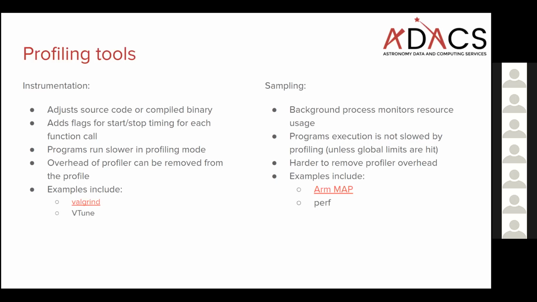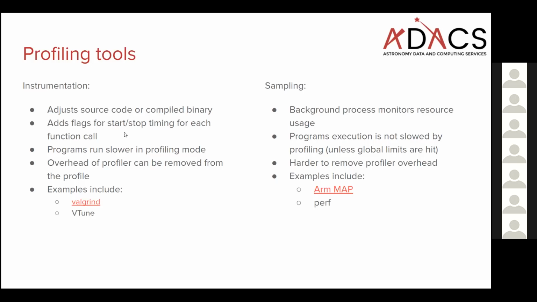And essentially what it's doing is adding little tiny flags and notification calls that just say, I'm at this point in the code and I'm starting running, and I've just exited that function and now I'm about to enter this other function.